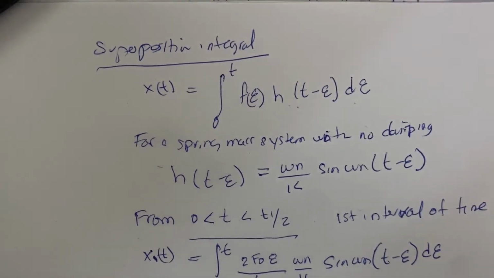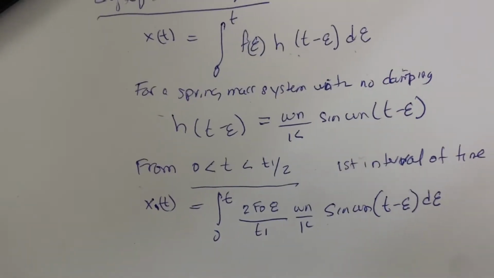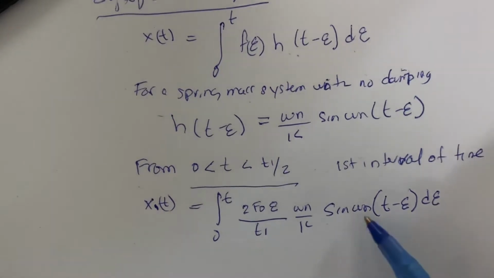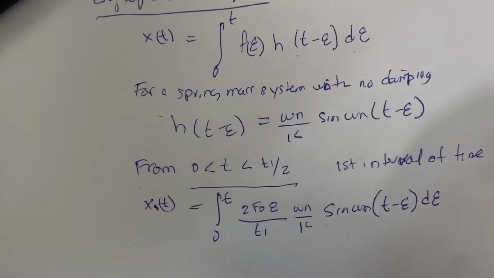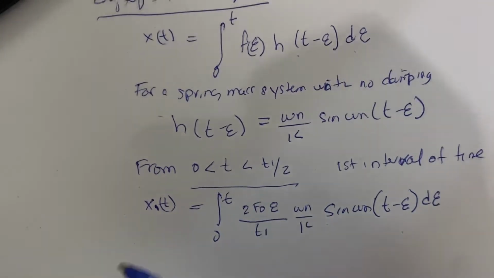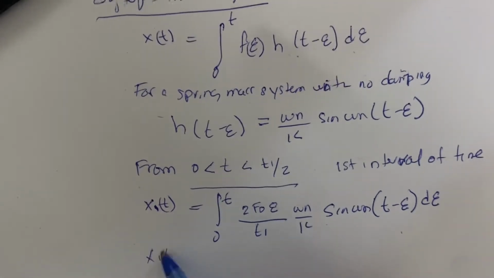Now we have defined our convolution or superposition integral. All we need to do from this point on is to do the integral and get the solution for the first interval.